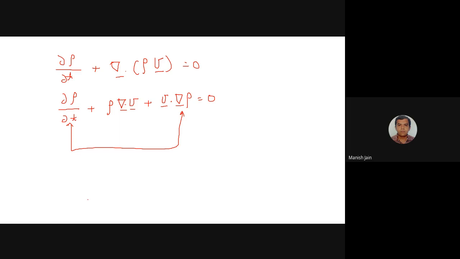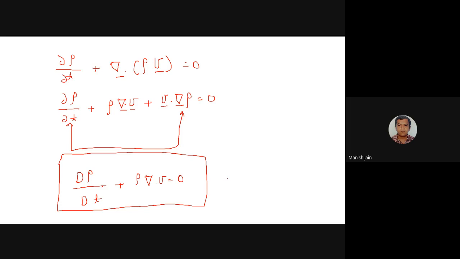When you add these two terms, it will become d rho by dt, substantial derivative, plus rho del dot v equal to 0. Okay, so this is the final equation for the equation of continuity.